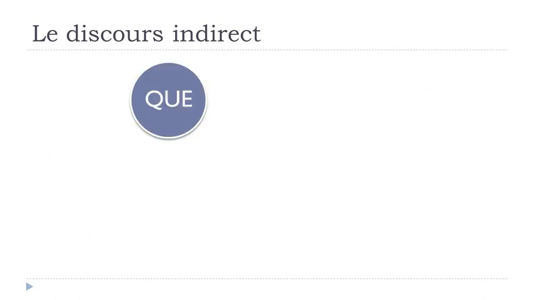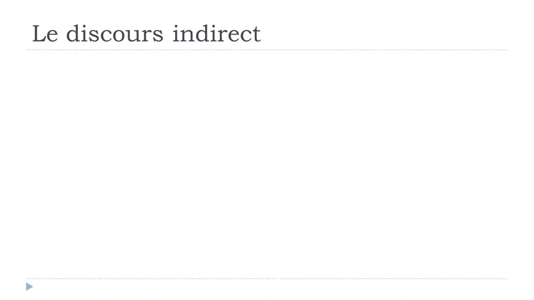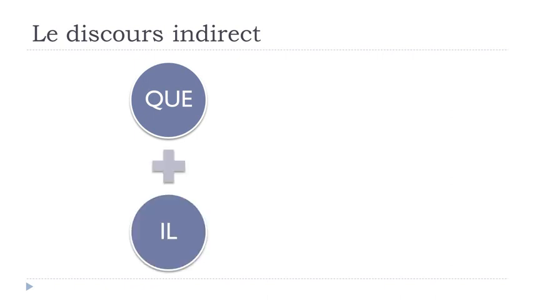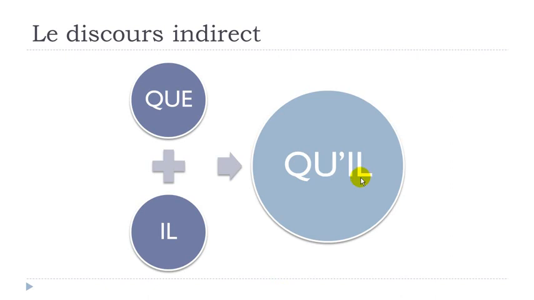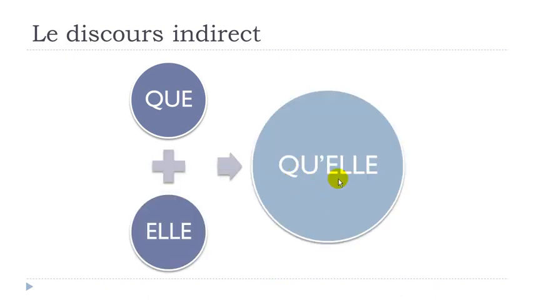Keep in mind that que, if it is combined, as we saw, with a vowel, will become qu', like that, okay, so the e needs to go away. So, the classical example that we had was que and il, and it's becoming qu'il. It could be que and elle, and it will become qu'elle, okay? Or if we're talking about first names that will start with a vowel, it will be exactly the same thing, okay?